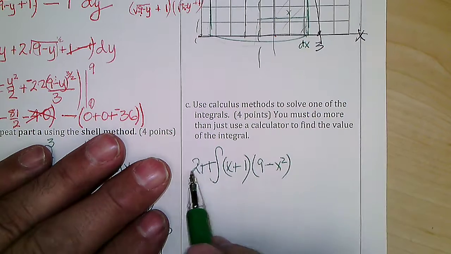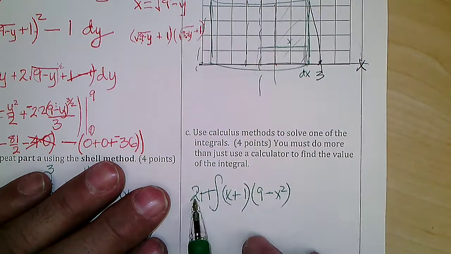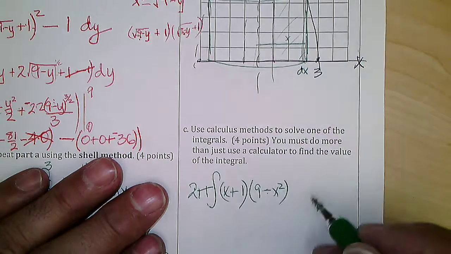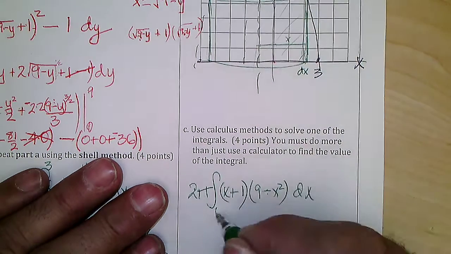For a shell, it's the distance around, 2 pi r times the height times the thickness, which is dx, from 0 to 3.